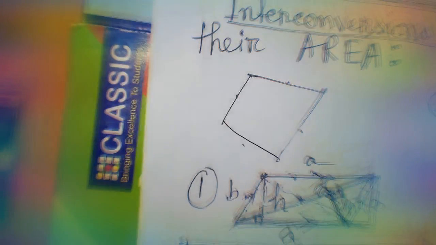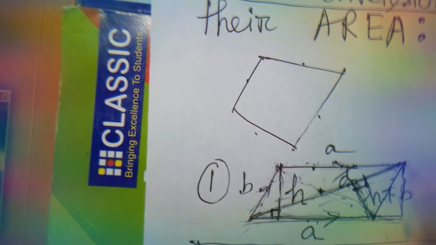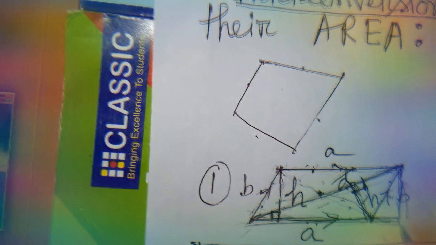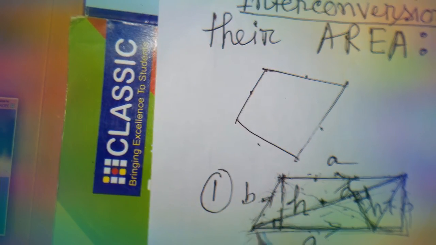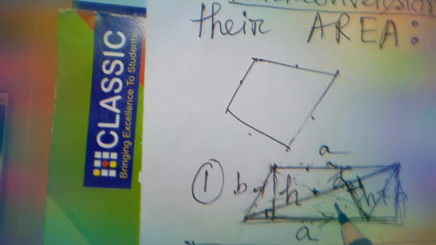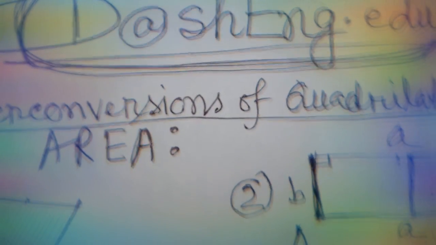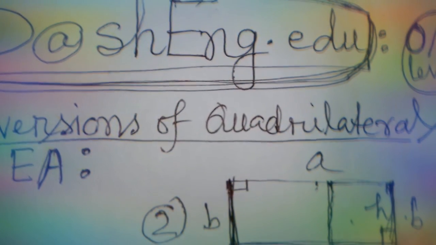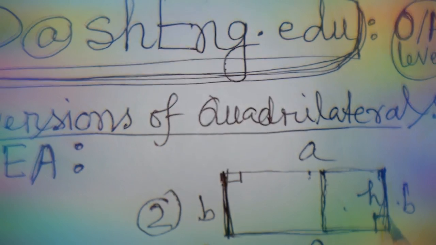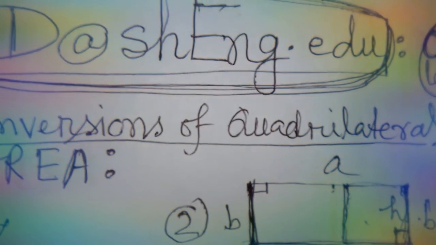Now we can see this area, this region. Let's forget this side. Let's forget this triangle. So what is going to happen? Number 2. It has become 90 degree, perpendicular to this side.